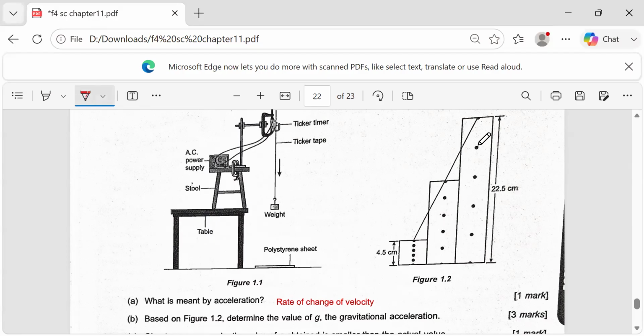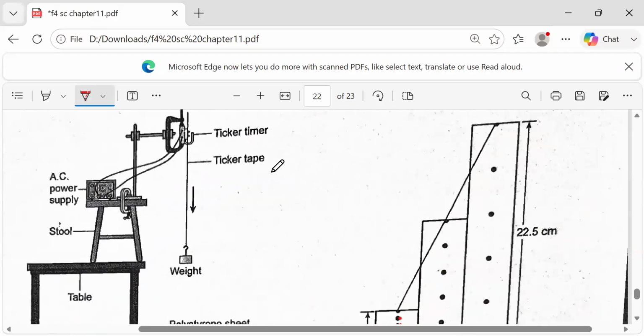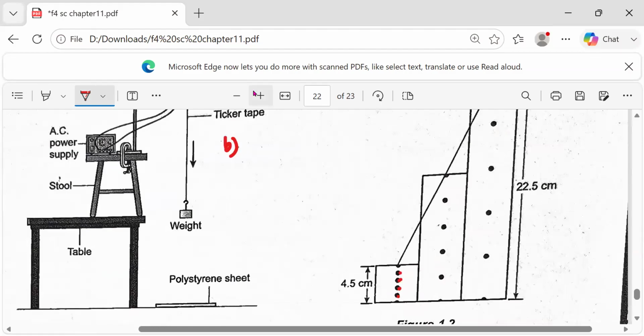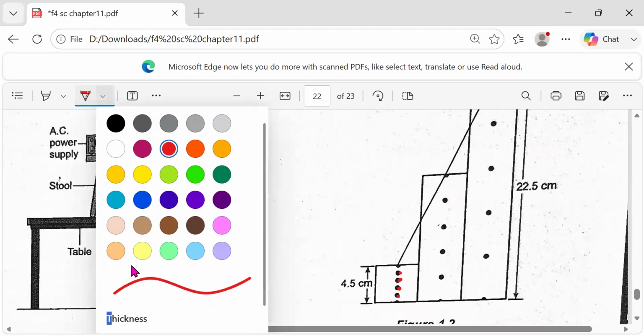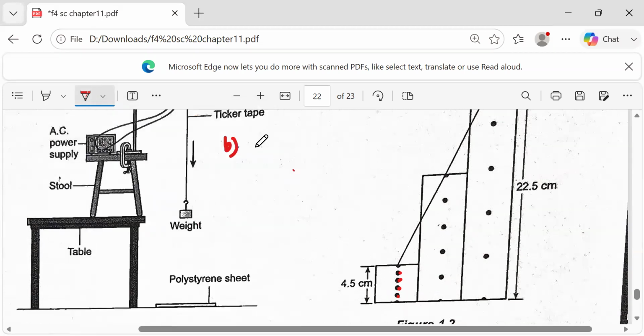Each tick is 0.02 seconds, right? Okay, so here how many? 1, 2, 3, 4, 5. There are 5. Okay? So initial, you start. Okay, question B, you have to start with the velocity at the start.